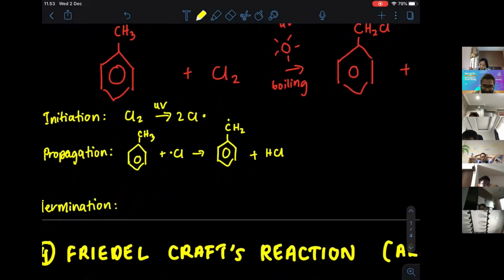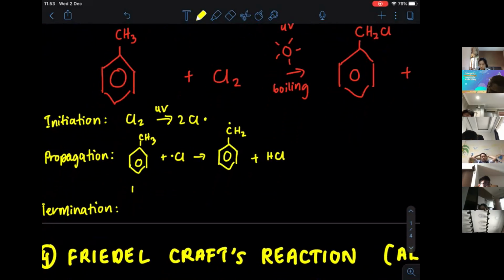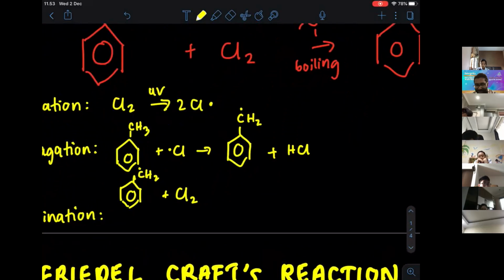The next step that we need to draw is the free radical that is formed, CH2 dot. They are going to react with, always remember, free radical with neutral. So you see neutral, free radical. Now free radical with neutral, they are going to give you another free radical and a neutral molecule.